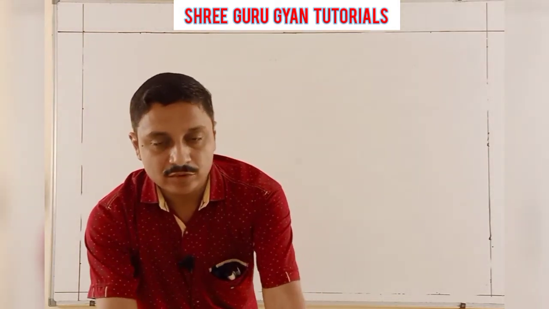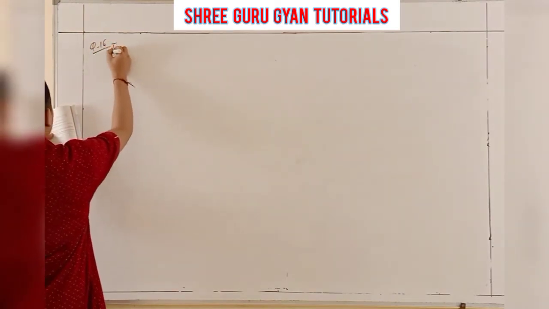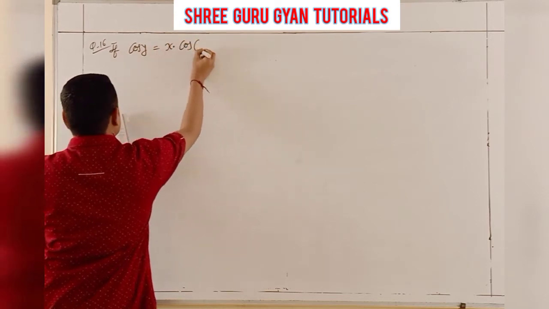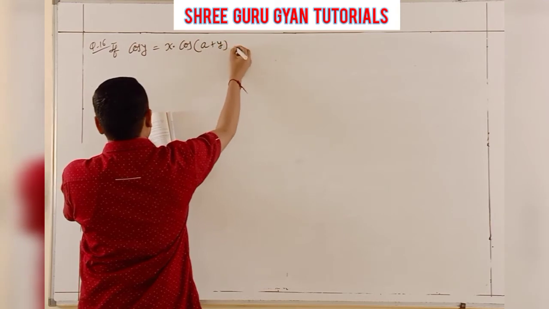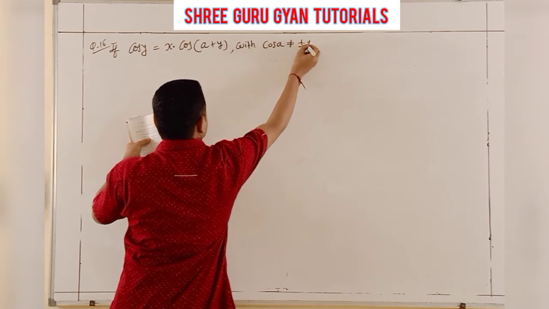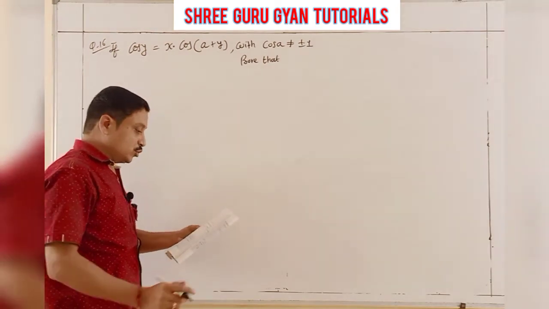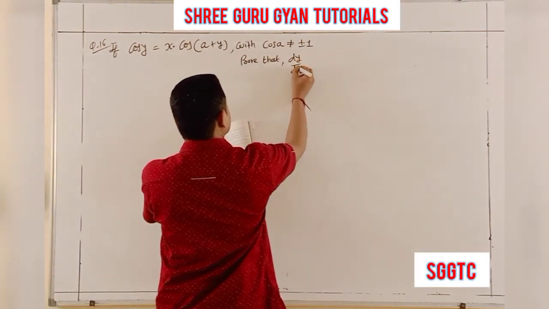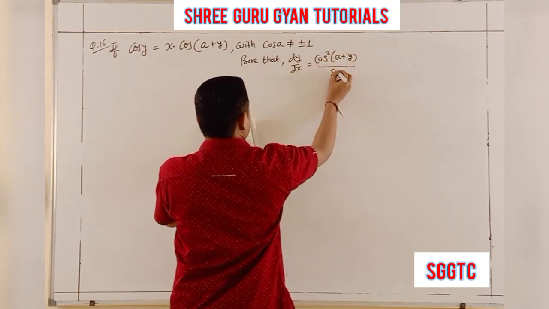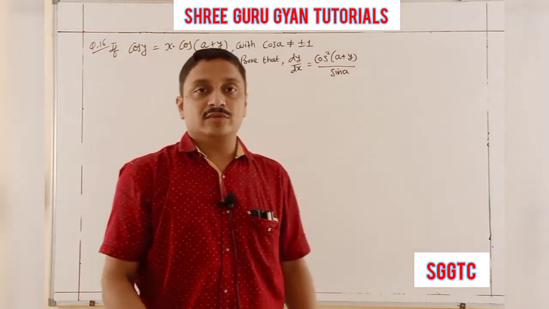If given cos A is not equal to... x equals cos y upon cos(A plus y), with cos A not equal to cos A minus 1, then prove that dy by dx is equal to cos square (A plus y) by sin A. Yes, this numerical is also IMP for 3 marks.